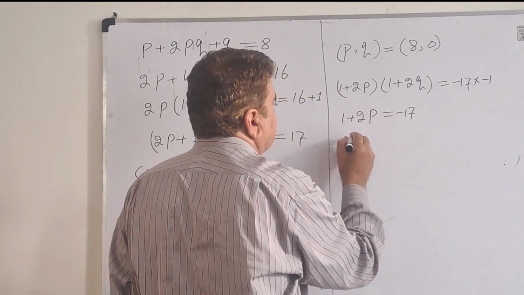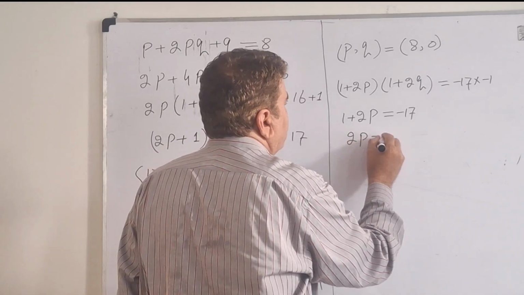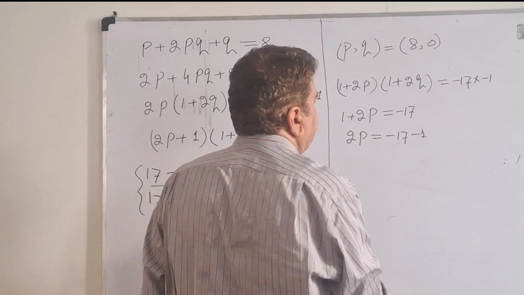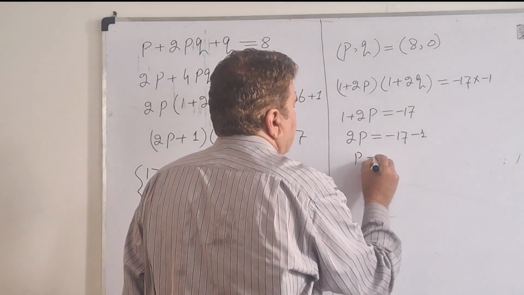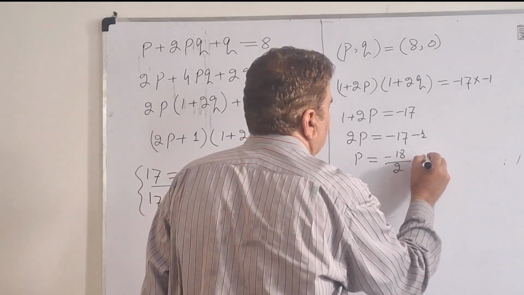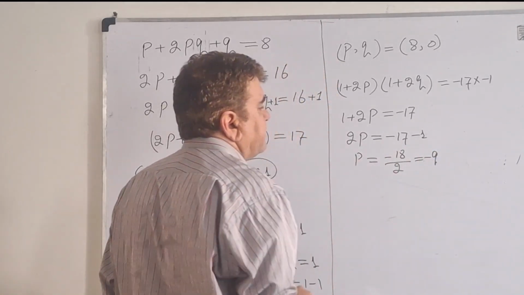So 2p equals minus 17 minus 1, or p equals minus 18 divided by 2 equals minus 9.